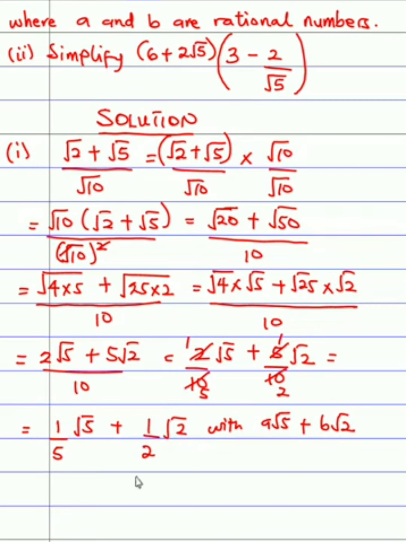So comparing both, we can say that a is equal to 1 over 5 and b is equal to 1 over 2. Very easy and simple.